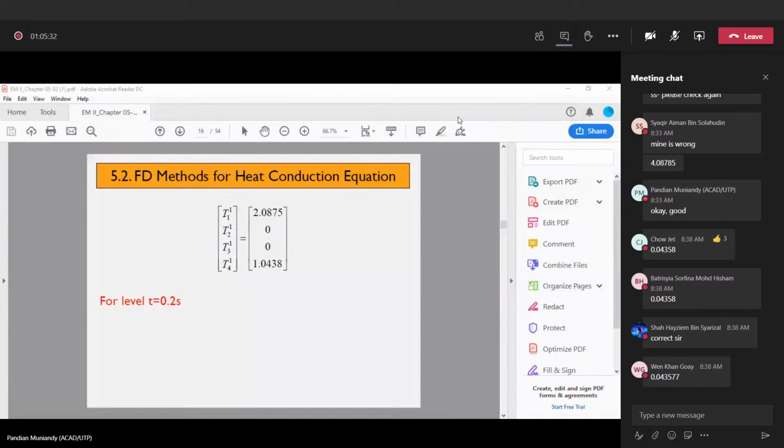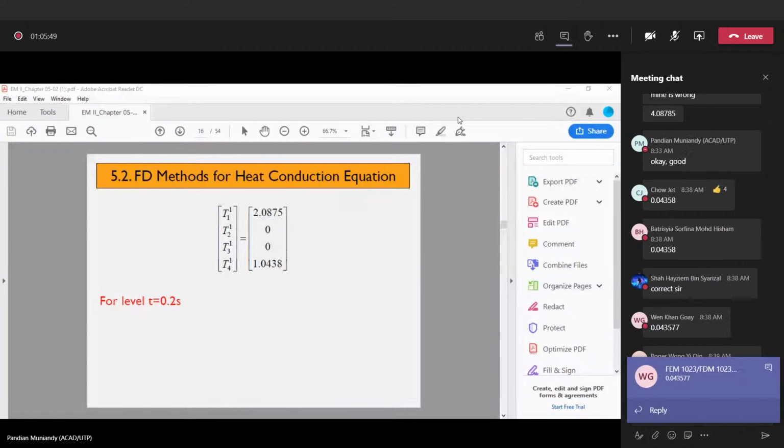We can make it 5 decimal places, enough. Okay, 6 decimal. 0.04358. This is 5 decimal places.